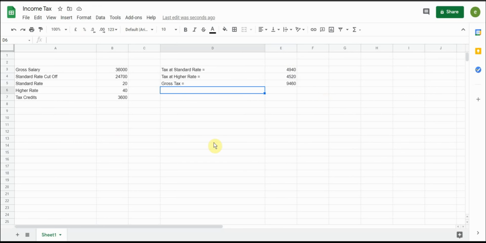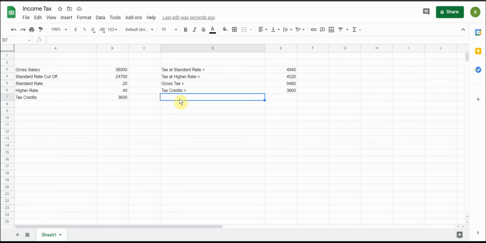Now, the next thing that this person has is tax credits. That's kind of useful. And his tax credits were equal to this line here. Okay, that's pretty good.